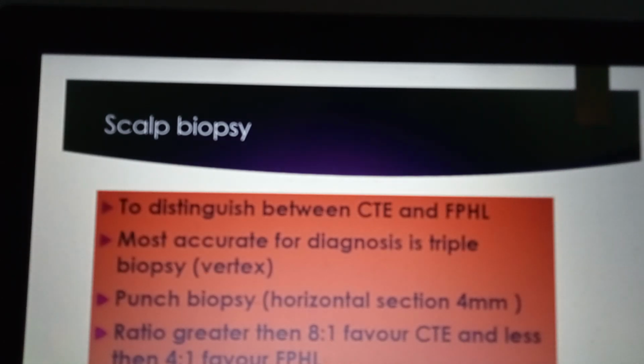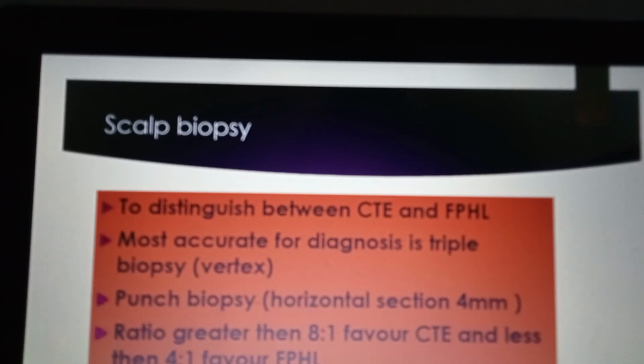Scalp biopsy. Biopsy is routinely not advised, but when advised, it is for distinguishing between hair loss due to trichotillomania and female pattern hair loss. Most accurate for diagnosis is triple biopsy from the vertex area. Another biopsy is punch biopsy.